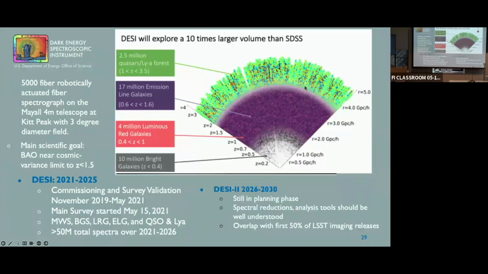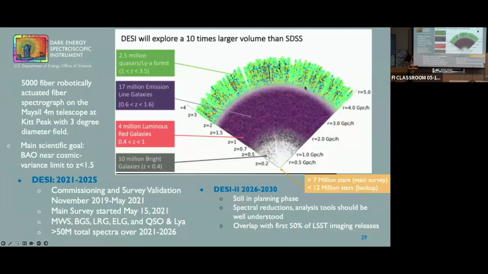It was commissioned in 2019, and the main survey was supposed to last till the end of last year, but it's been such an efficient spectrograph that most of the main survey is actually over; the data have been taken. There's an extension being planned, but that's still unclear.